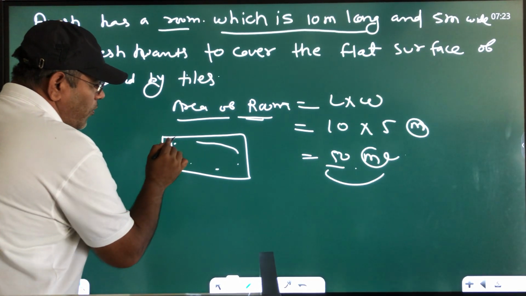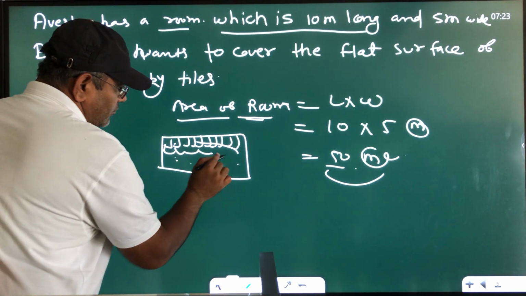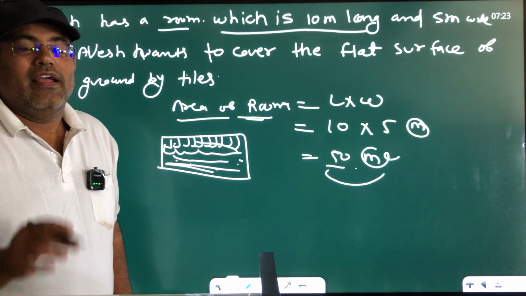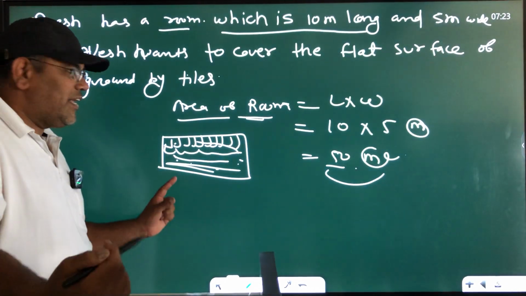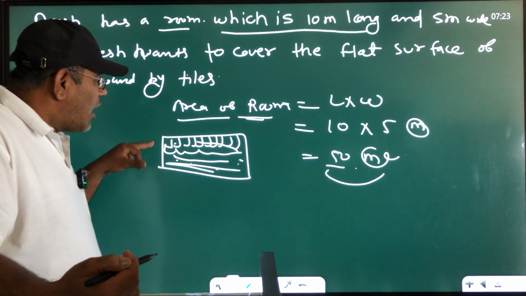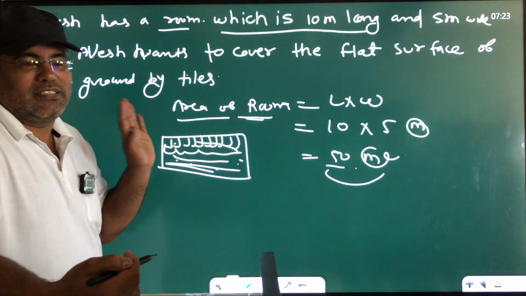of the tile. We have to measure the tile. We have to cover the tiles with the ground space. Is that clear? Do you understand? It means Aves requires 50 meter tiles to cover the ground surface by finding the area of rectangles. Is that clear?